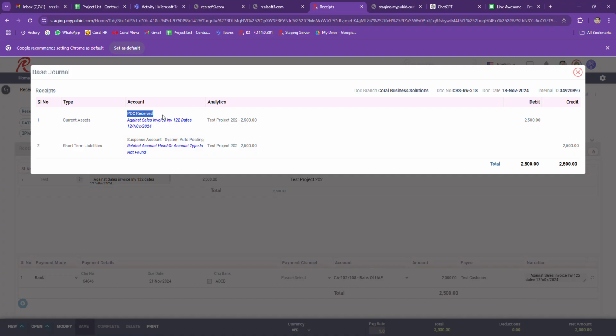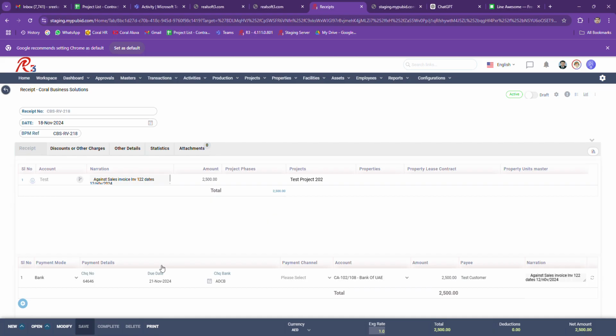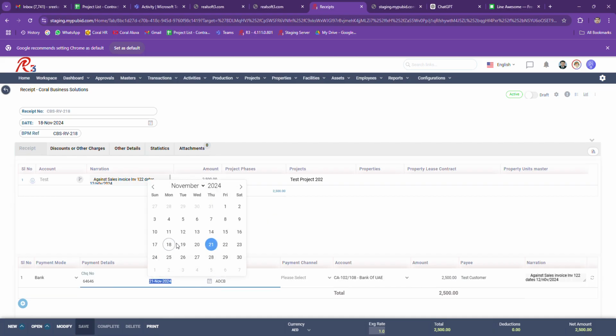So we gave a bank account, Bank of UAE. But instead of this Bank of UAE, it went to a PDC received account. Understood?